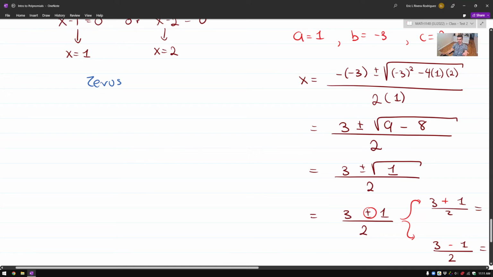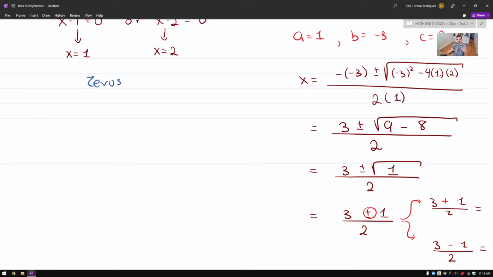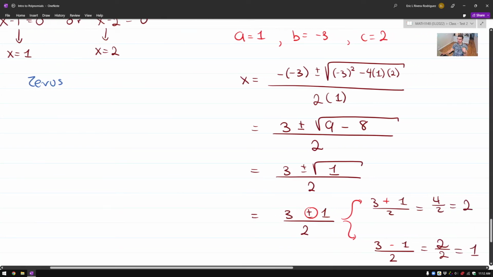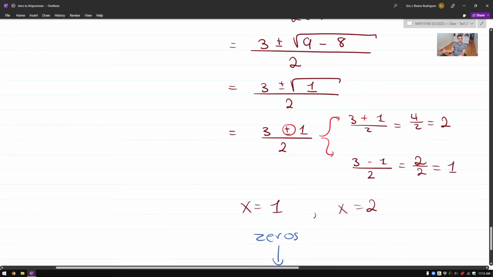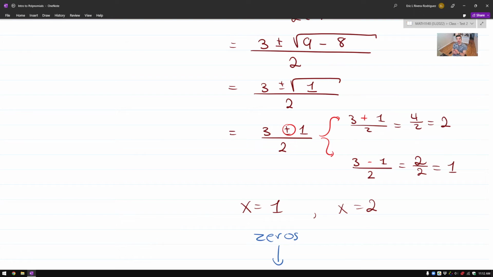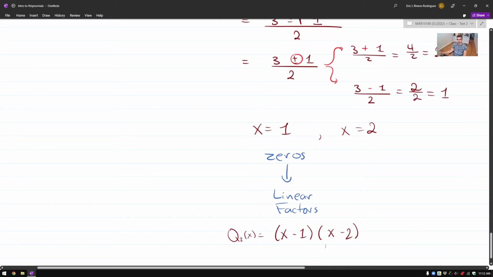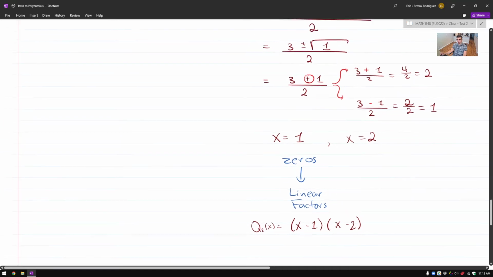These numbers are very good, so we could evaluate the quadratic formula relatively easily, but other numbers are not going to be so nice. So we got to the same place, 2 and 1. 2 and 1 are the zeros of the quadratic equation, and with those we also got the linear factors.